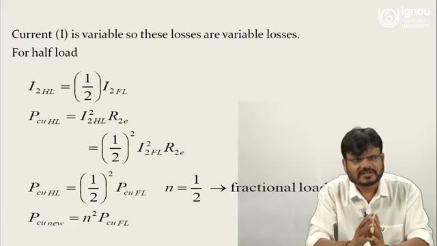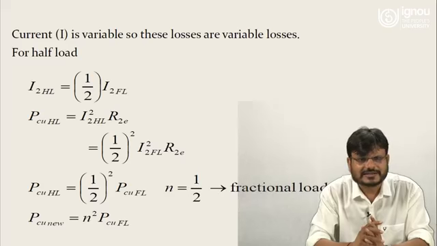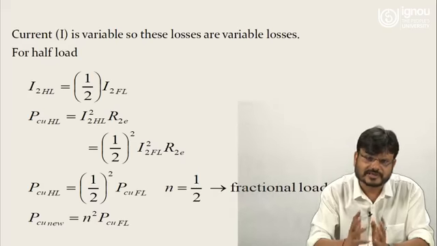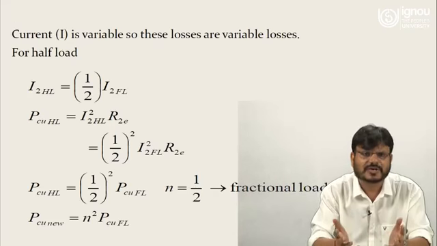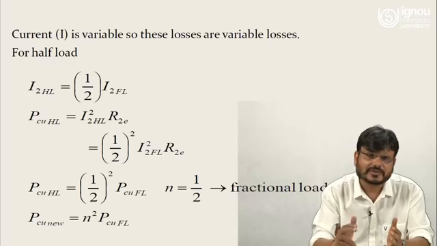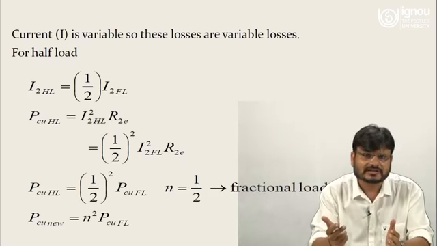Now, as I already told you, copper loss is a variable loss. It depends on the current, and copper loss is nothing but I square R loss. That means the copper loss depends on the square of the current.